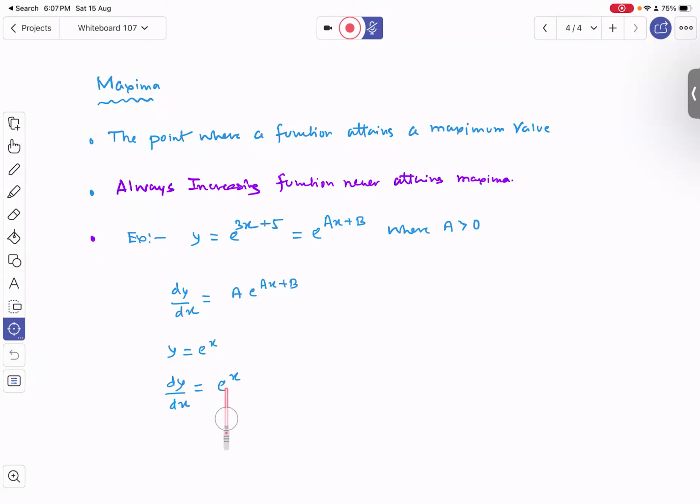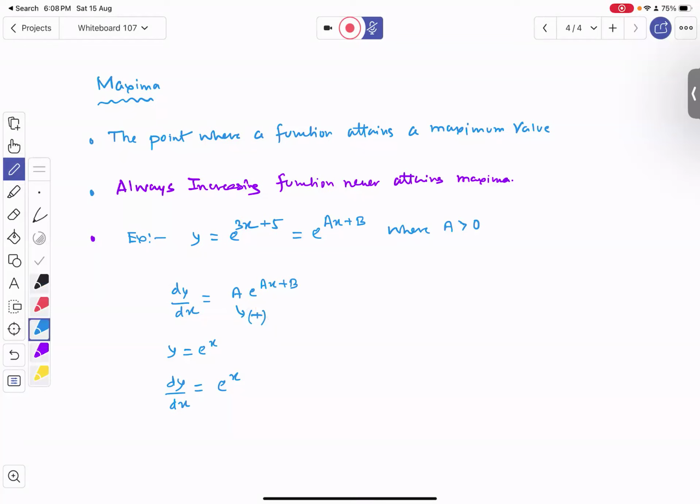Nothing you can place in the power of the e function can ever make it negative, no? The same thing happens with this one also. A is positive only, and the thing multiplied with it can never be made negative.